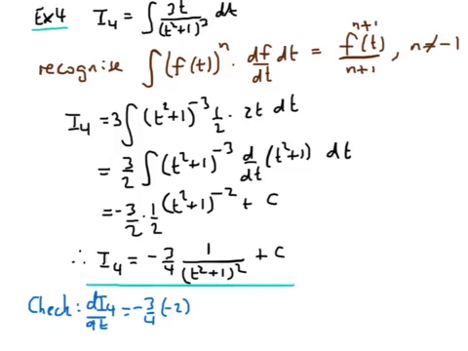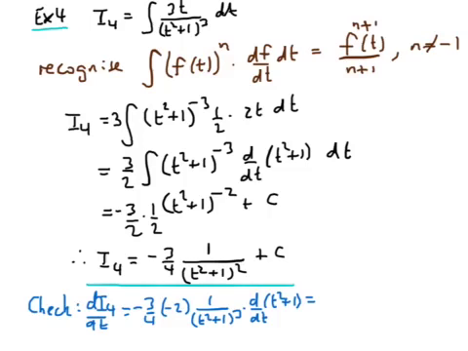So we have minus 2. We have then 1 over t squared plus 1, and we've got to lower this power. It's on the bottom, so that means we have to the minus 3 overall. And then we multiply by the derivative with respect to t of t squared plus 1, which is going to be, of course, 2t.